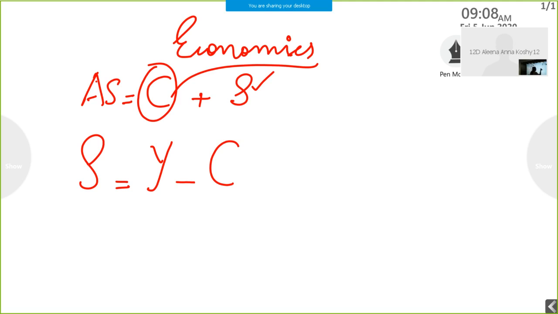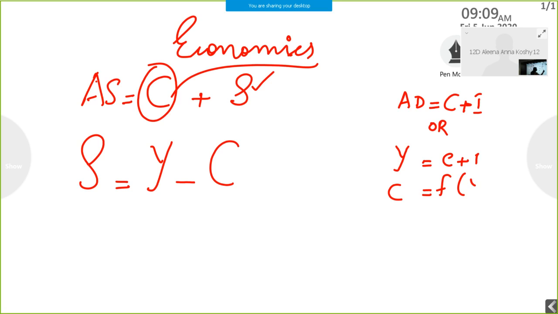Okay. So what are all the formulas we studied? First one, AD is equal to C plus I, or we can write level of income is equal to C plus I. Then consumption function, we can write function of Y. Then consumption is equal to C dash plus bY.